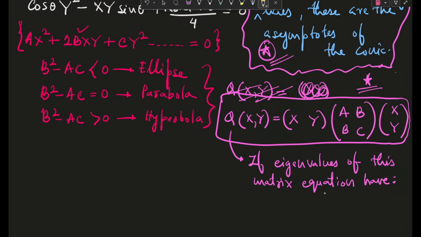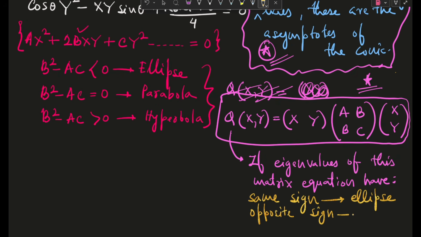Let's say golden, because of the golden amount of information. If they have the same sign, then it's an ellipse. If they have opposite signs, then it is a hyperbola.